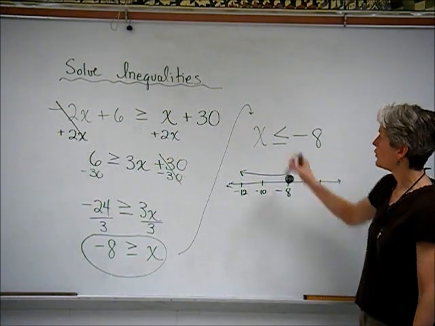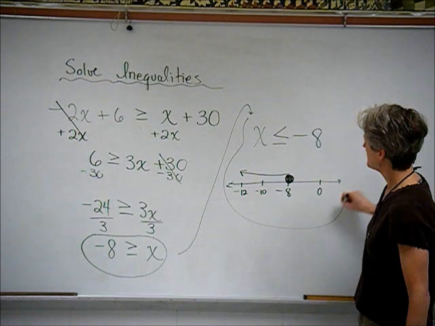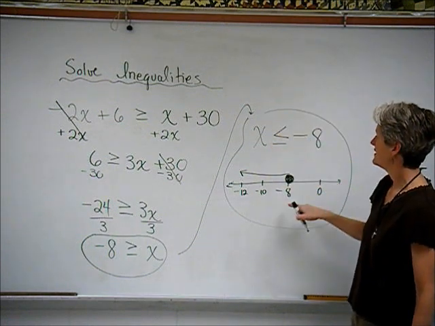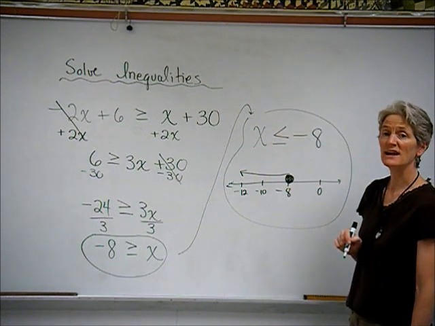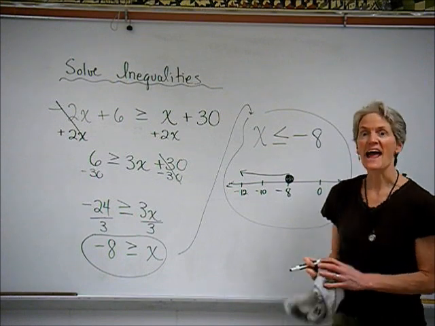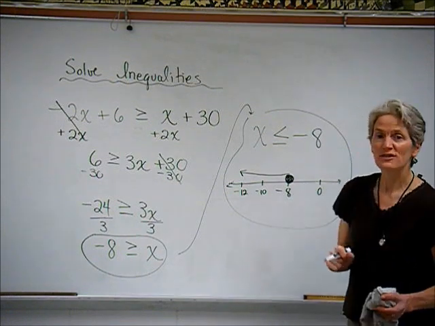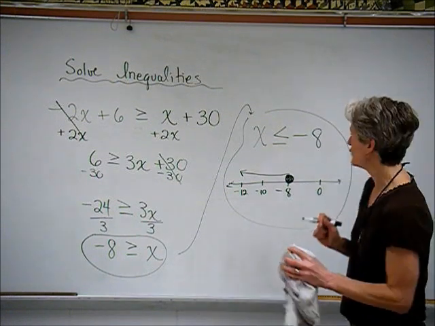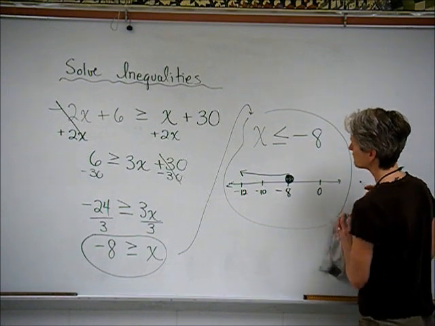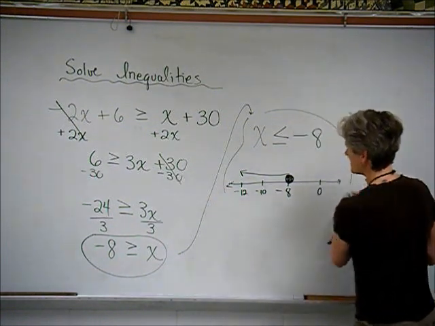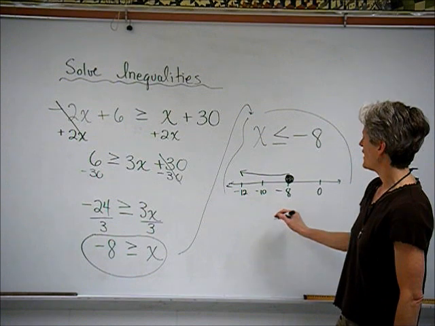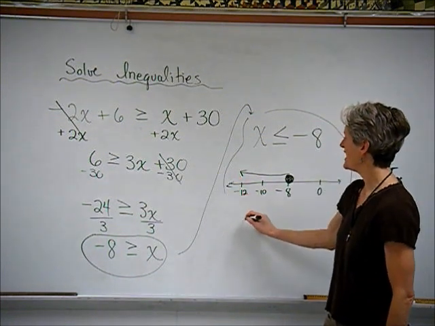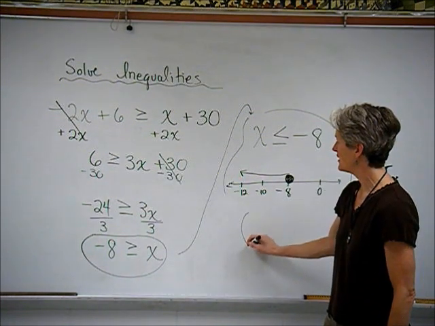So I solved that inequality. I'm stating the solution, and I'm writing it as a number line. Hey, let's state the solution using our cool interval notation. You remember that stuff? So let's write this. It's going from negative infinity. Do you remember this?